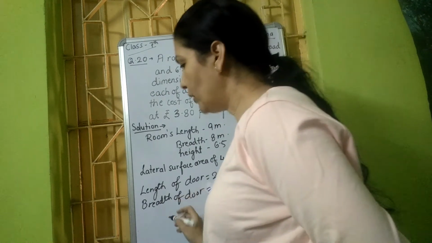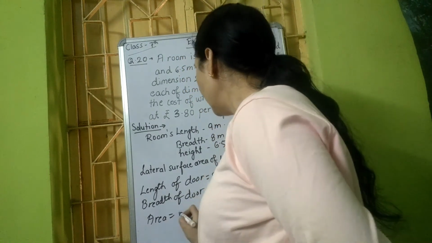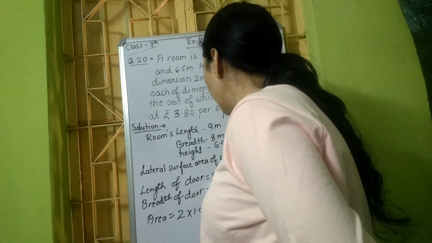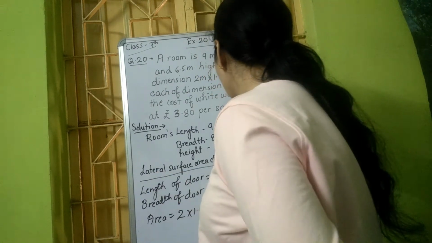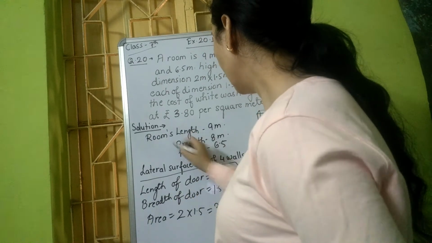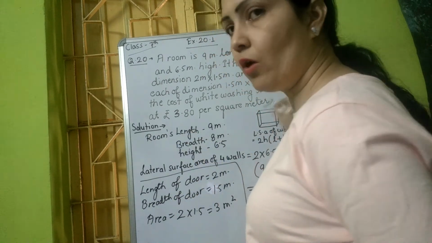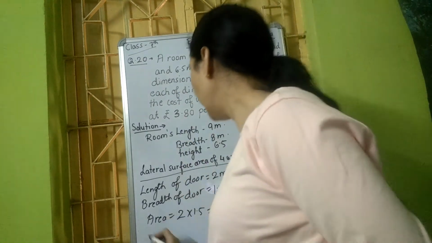Okay, so we'll find out the area. The area will be length into breadth, 2 into 1.5 means 3 meter square. Now this is for the door. This was for the 4 walls of that room. Now we will see for the window.